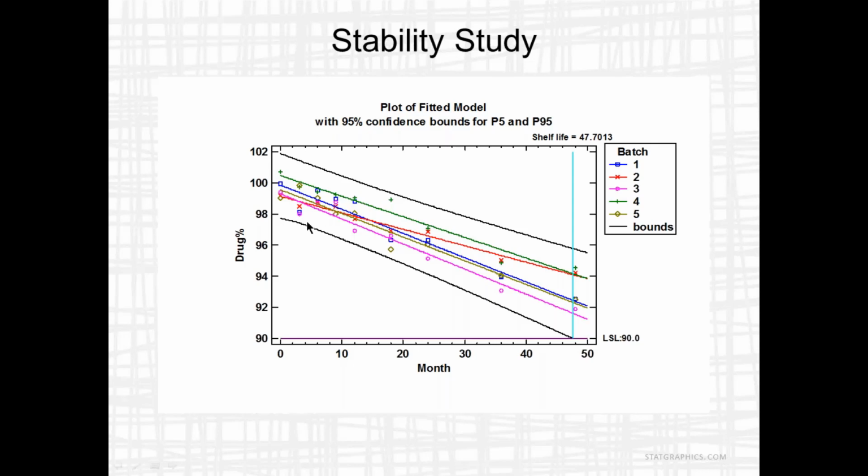So basically, I'm 95% certain that no more than 5% of the samples of this particular drug are below that lower limit. And if you have a specification, for example, here's a specification of 90, the point at which that lower limit crosses the spec determines your shelf life. So it's a fairly standard type of procedure that the FDA wants you to use to determine shelf life.